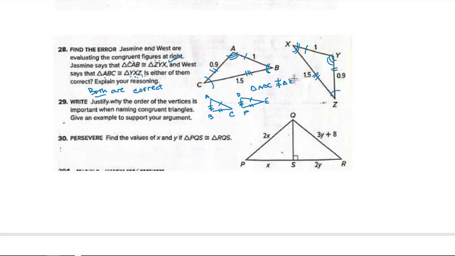Looking at number 29, we want to justify why the order of the vertices is important. So we just kind of show with an example, like ABC versus DFE.